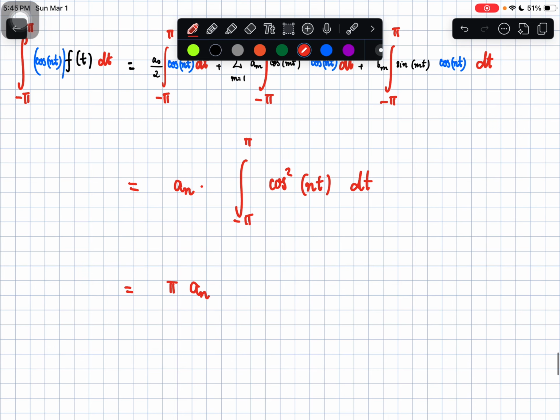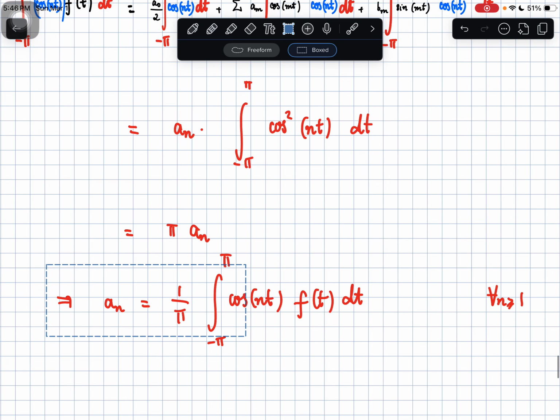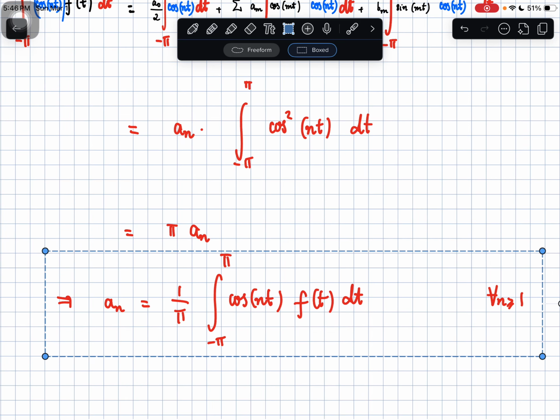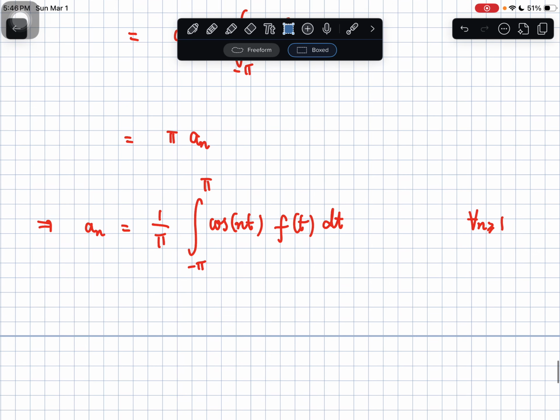So later you can just use the formula for a_n for any n greater than or equal to 1. You get 1 over pi times the integral from minus pi to pi of cosine nt f(t) dt. So this is a formula for the coefficient in the Fourier series.